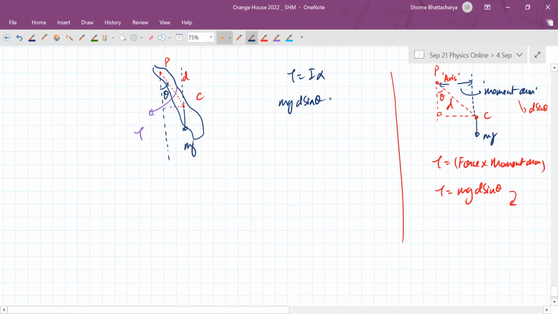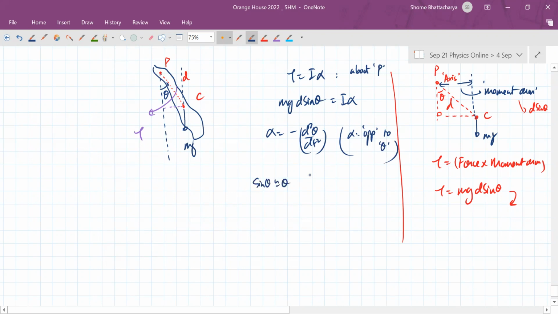So this torque is equal to I alpha about the axis at T. So now alpha is minus d2 theta by dt square, because it is opposite to angular displacement theta. And sine theta can be approximated as theta for small angles.